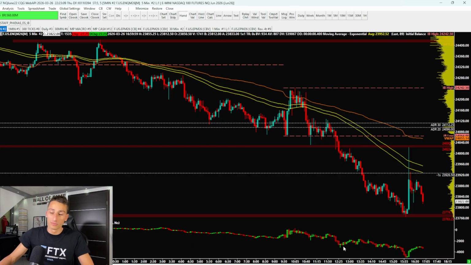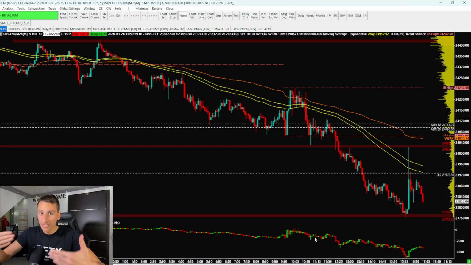So this cumulative volume delta is an indication of the opposite exposition of these market makers, because market makers are only bringing some liquidity into the DOM, the depth of market, okay, into the market, and they're not taking liquidity.